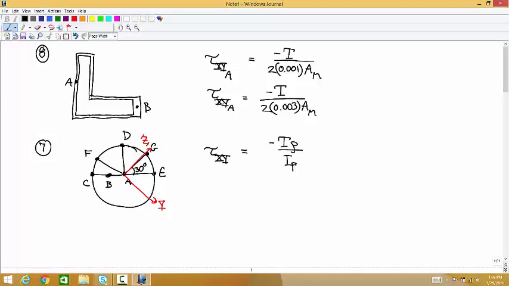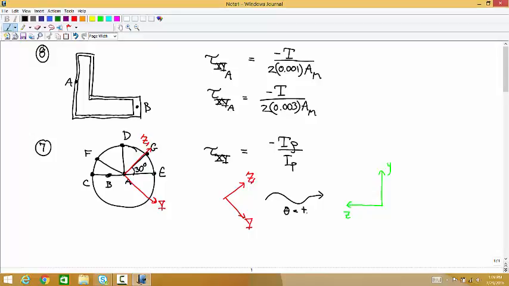And then you have to think about what rotation you need to do to go from this coordinate system back to the one that's drawn in the problem, which is this one. That is 150.